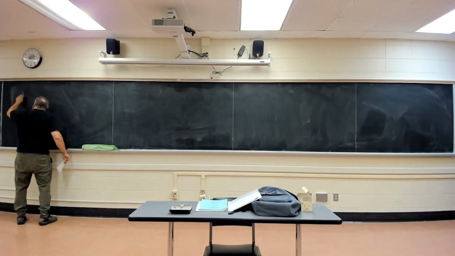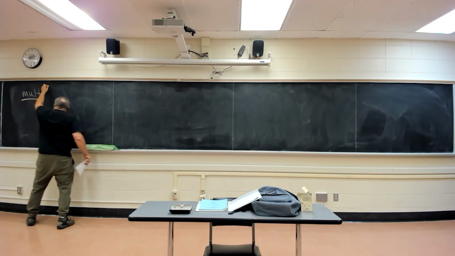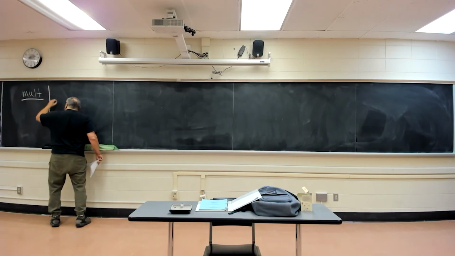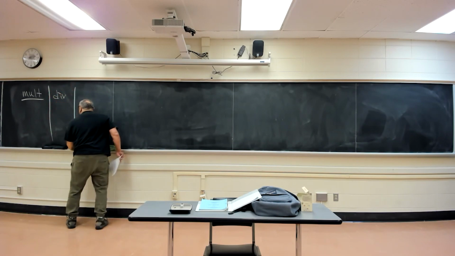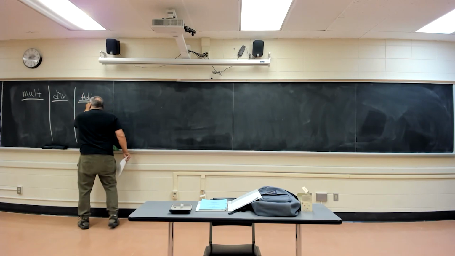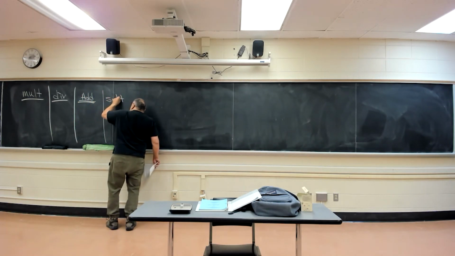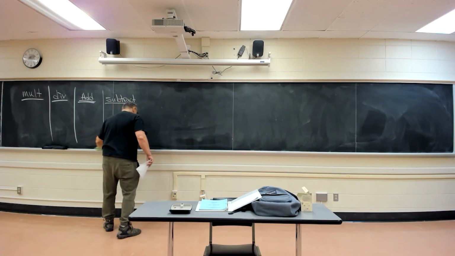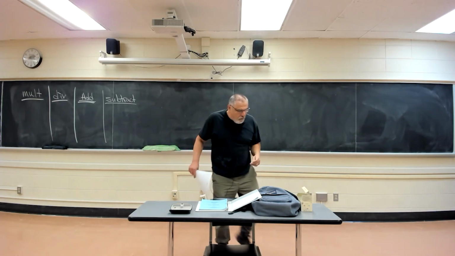If you want to talk about multiplication of any two real numbers, or division of any two real numbers, or addition of any two real numbers, or subtraction of any two real numbers, let's talk about it. And like I said, we have this in other places as well.